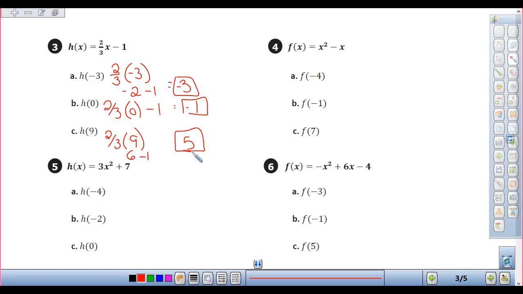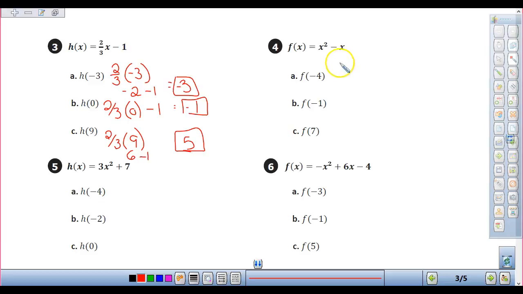All right, now we got to talk a little bit about our exponent ones. What happens if I have x squared and x in here? I only have one number, so I put it in for both.